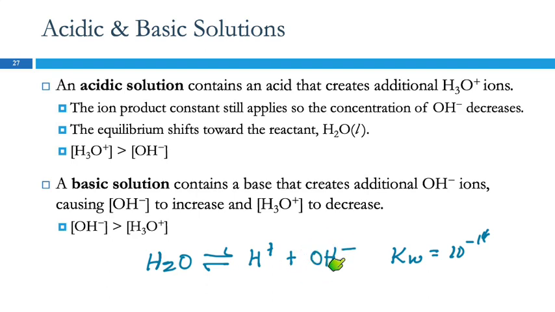If we add this product, what does that do to the reaction? It's going to shift to the left, and that will decrease the hydrogen ion concentration. So now the hydroxide ion concentration is larger than the hydrogen ion concentration, and that's called a basic solution.